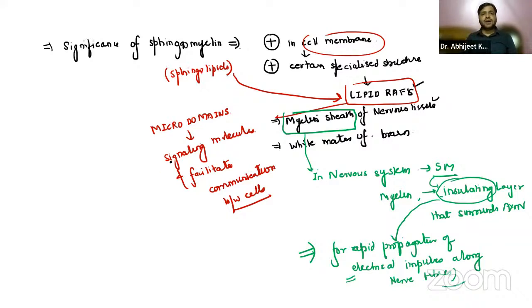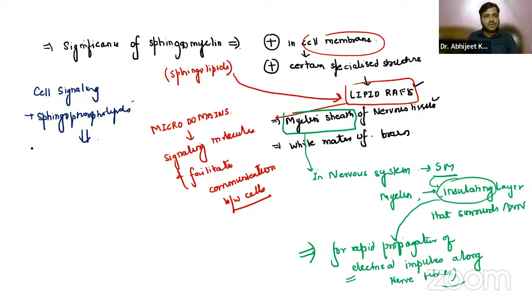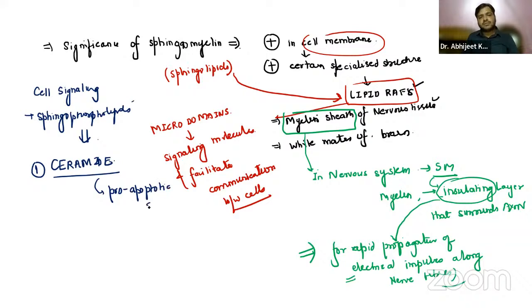One of the important functions that you all have to remember again is cell signaling. These sphingophospholipids, or sphingolipids, are involved in various signaling pathways. For example, we have talked about ceramide. Ceramide often acts like a pro-apoptotic signal.